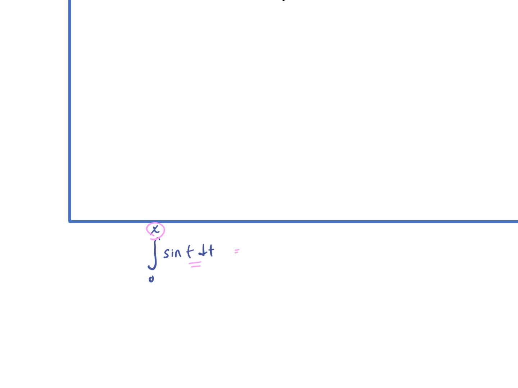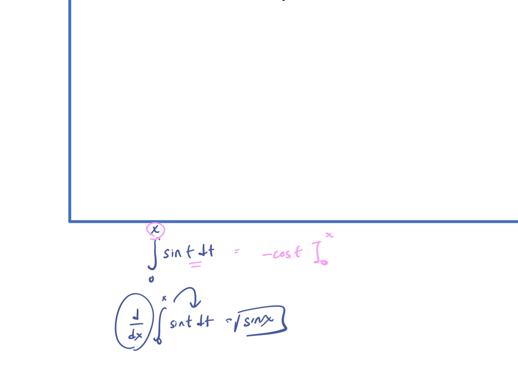Negative cosine? So negative cosine of t, and you're going from 0 to x, and you literally just plug in those bounds. That is different than this. d dx, 0 to x, sine of t dt. This is actually equal to the sine of x, because you're taking the derivative of an integral, you just drop it in. And then, of course, we times it by the 1.